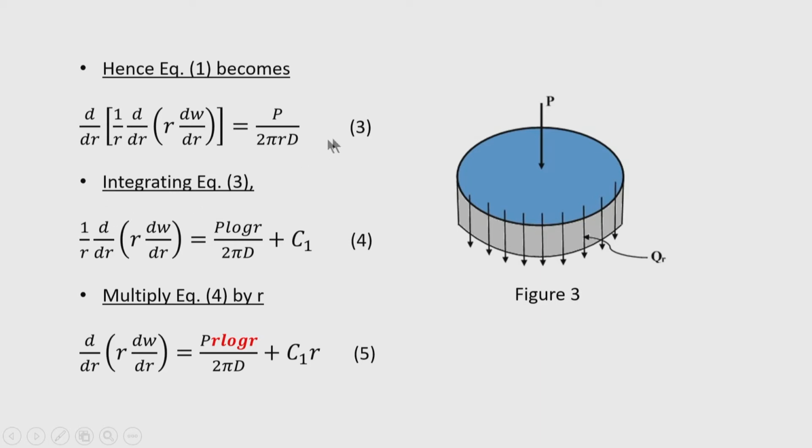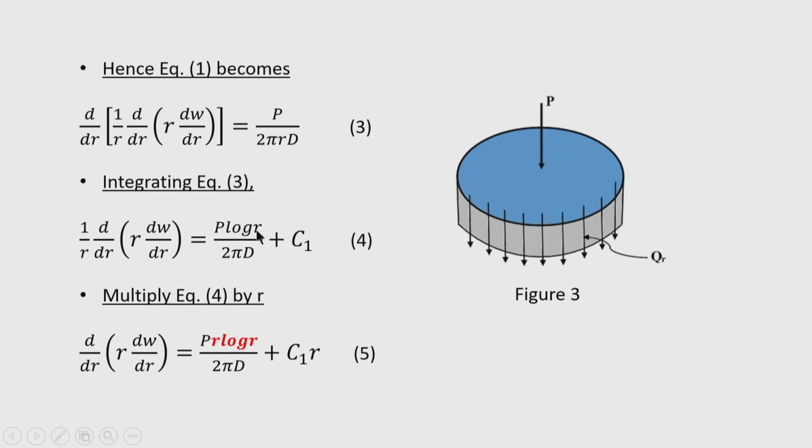So, integrating equation 3, I get the expression inside the bracket directly. I get (1/r) d/dr(r dw/dr), and on the right, because P by 2 pi D is a constant, I can write P by 2 pi D outside, but the integration of 1 by r will be log r.